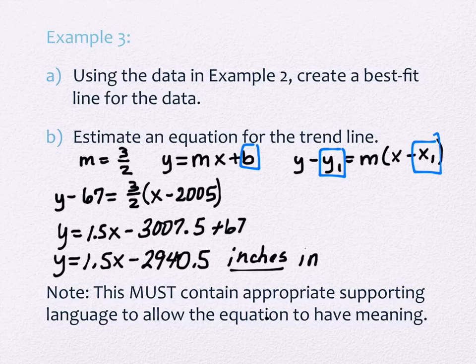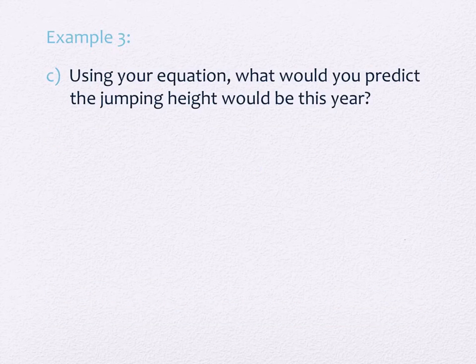And then you have to say how x is measured. This would be in year x, or when x equals the year, or something like that. You have to indicate that x is the year that we're talking about. So on the next part of the problem, part C, we're going to come back to this. If this next part asks you, using my equation, what would we predict the jumping height to be this year, what do we plug in for x? 2015, right?